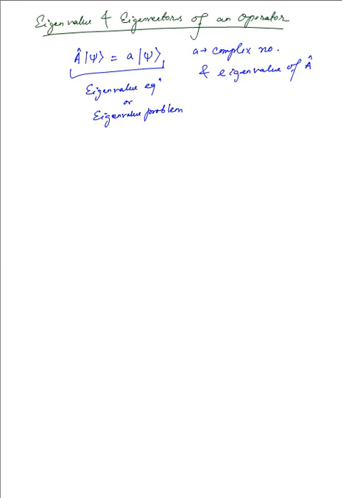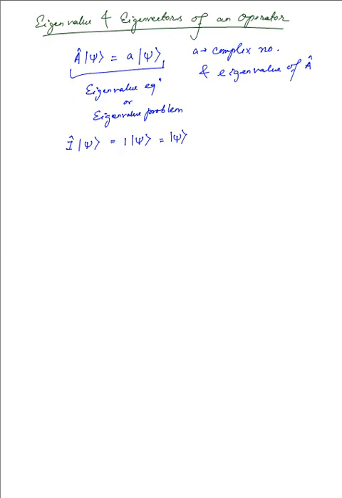A simple way to put it: if we have the unit operator operating on the state vector psi, then we have the result as 1 times psi, which is equal to psi, of course. So this means that all vectors are eigenvectors of the unit operator with one eigenvalue, that is 1. Now we have to note a few things.